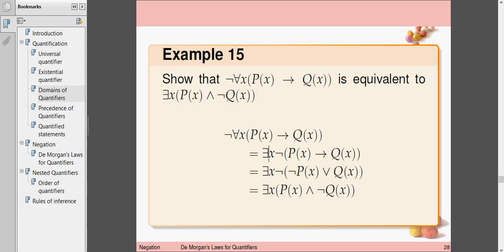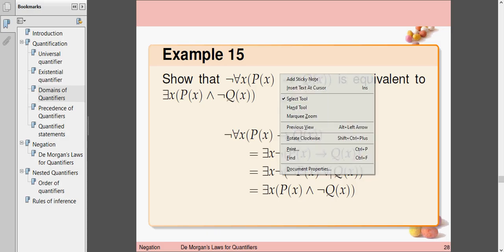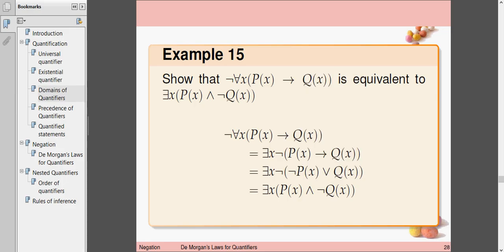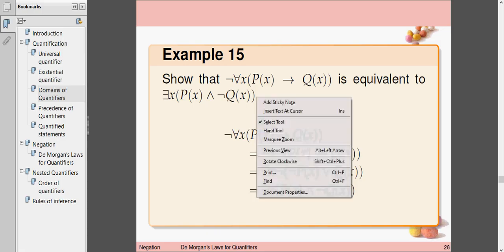Then, because negation of negation gives the true, I can have it like this. If I distribute the negation, because this can have it on both sides, it changes the or to not, or to and. So here we change the symbol from or to and, have negation for both of P and Q, so we reach the right side.